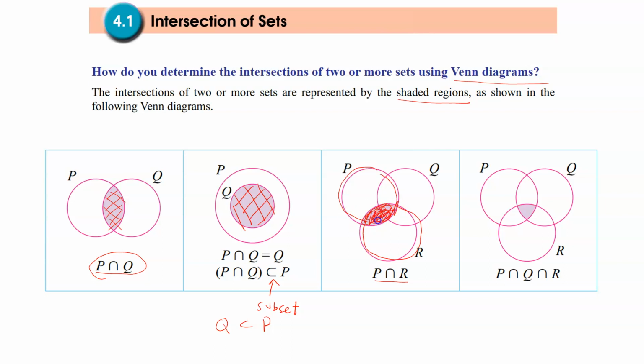So this is P intersect R. For this one, P intersect Q intersect R means all these 3 sets must overlap each other. So kalau awak tengok, this region only P and Q overlap. This region only Q and R. So yang tengah ni, the center region means it contains P, Q and R. Yang bertindih ketiga-tiga ni adalah P intersect Q intersect R.